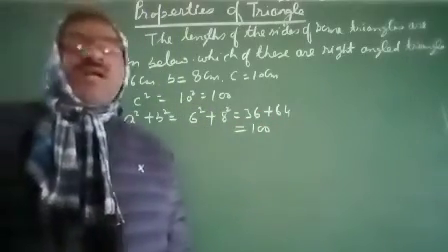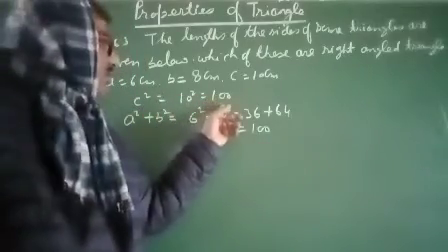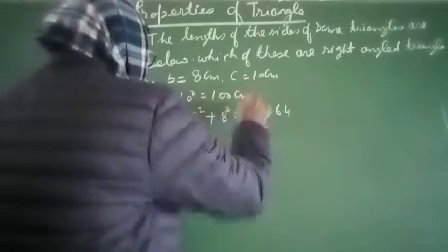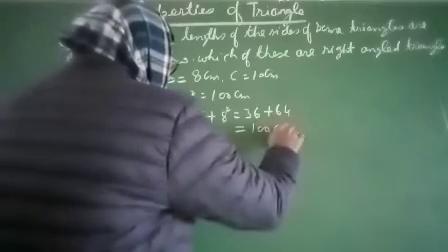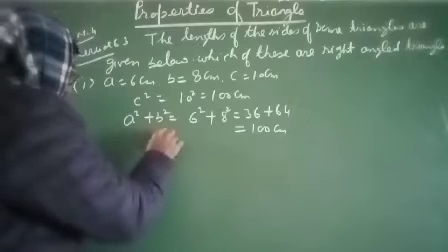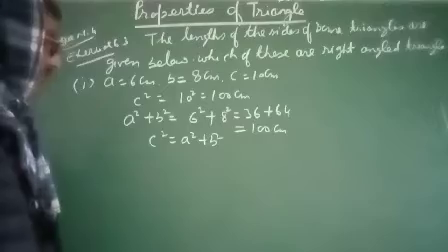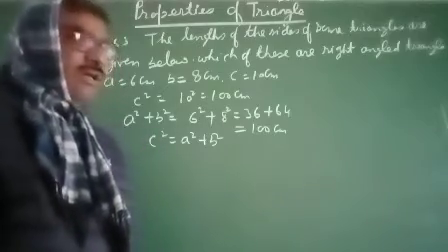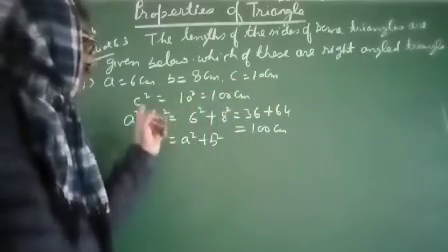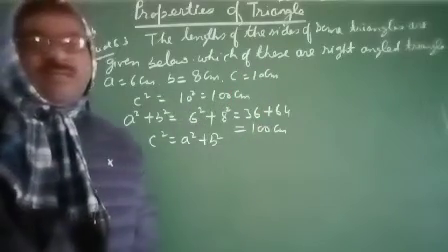So dear students, as you see here, C square equals 100 centimeter square, and also A square plus B square equals 100 centimeter square. So here C square equals A square plus B square. So as you see here, the square of the longest side equals the sum of the squares of the other two sides, then the triangle will be a right angle triangle.